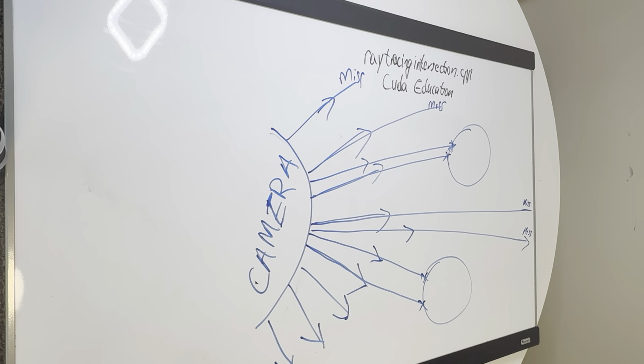So this is pretty much what the application is doing. It's shooting rays into a scene, traversing a scene. We have some spheres in the scene, and our rays are basically traversing the scene and seeing what it sees. That's pretty much what the algorithm is.